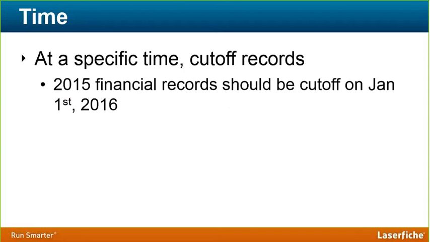So here's an example of what a time cutoff looks like. At a specific time, the record is going to be cut off. For example, in 2015, financial records should be cut off in January of 2016, so January 1st, 2016. So that record has to reach a specific time in order for that cutoff to occur.